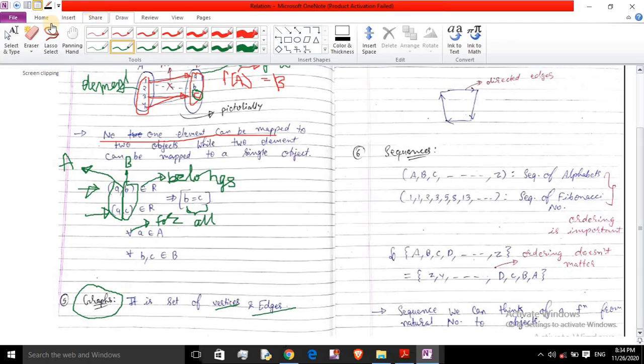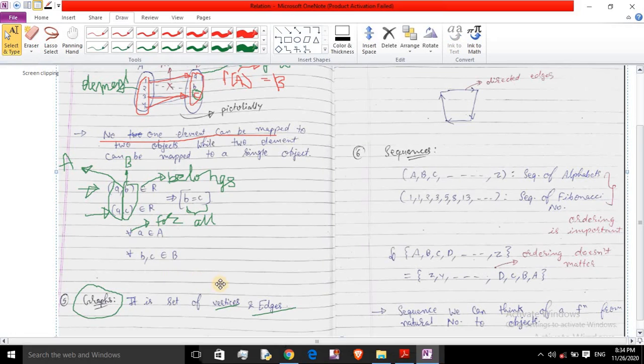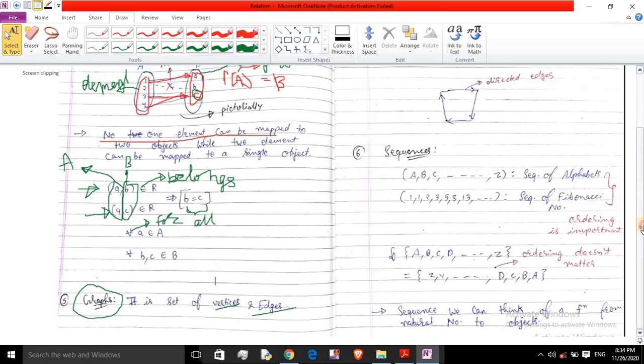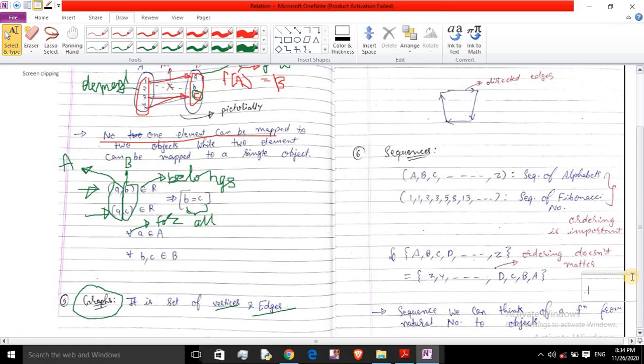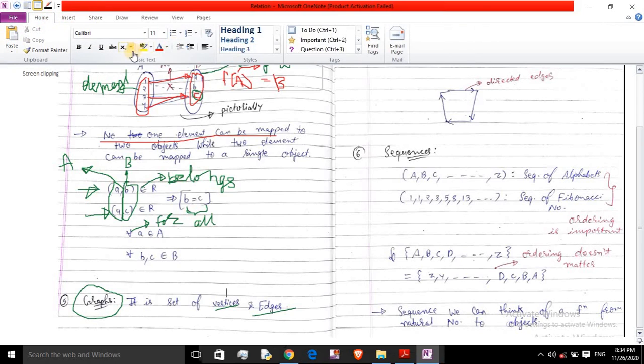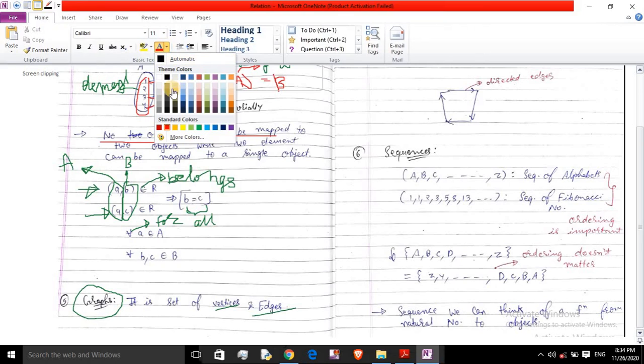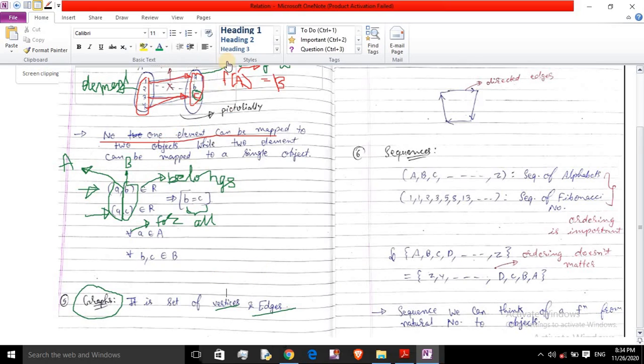Let me write it right here properly so you can understand it very well. Larger font.